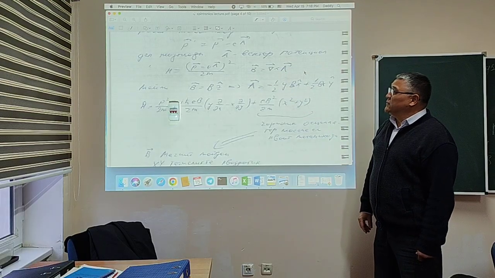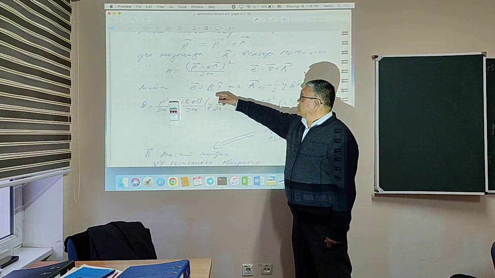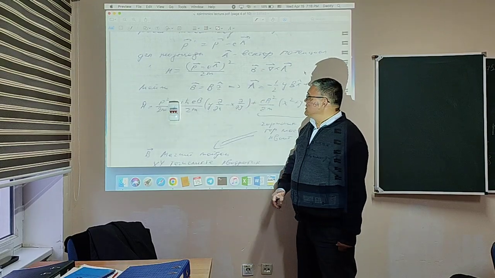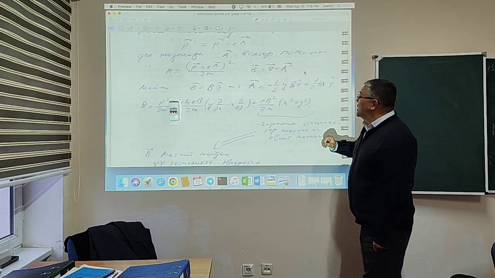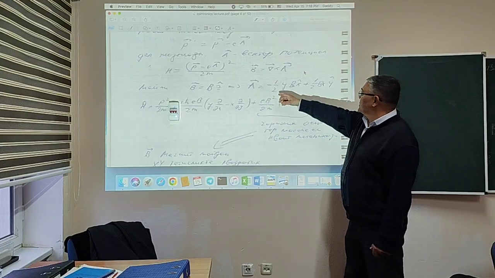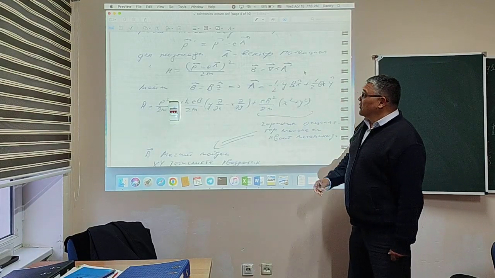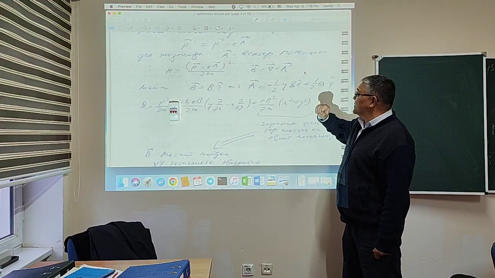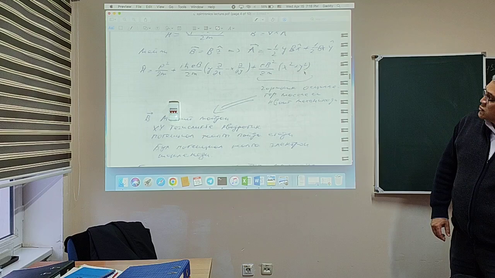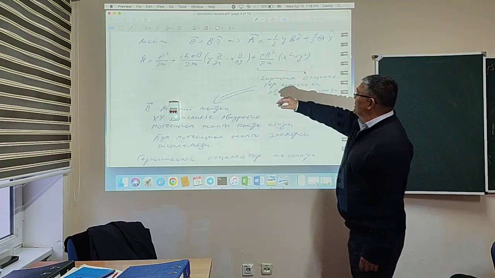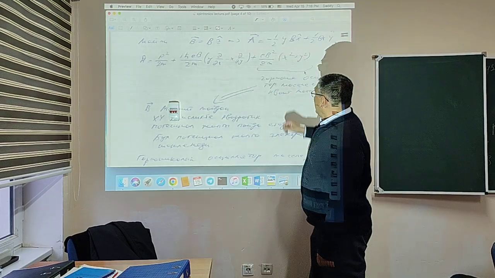If we take the magnetic field B directed along the Z direction, we will have an expression for the vector potential looking like this. If we substitute this expression for the vector potential into the formula for the Hamiltonian, it looks like this line here.